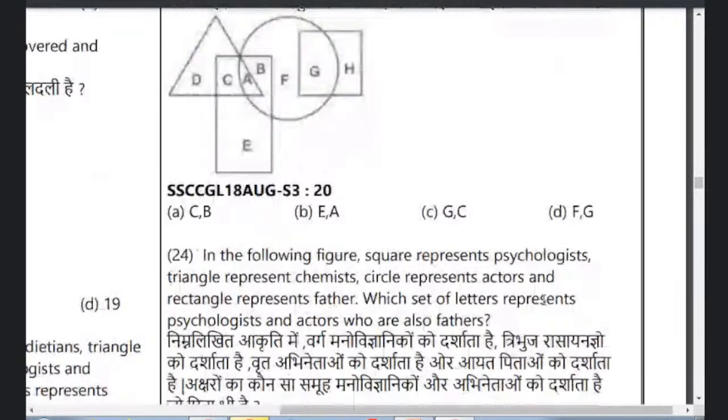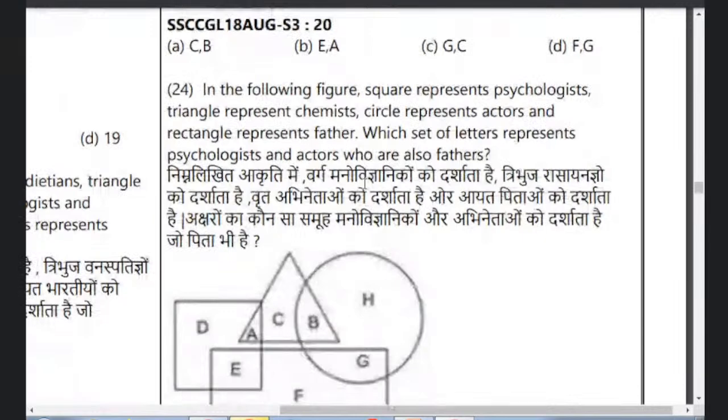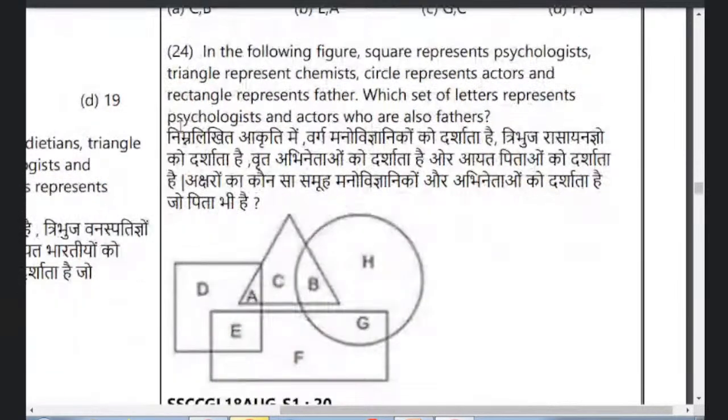Question number 24. First, which letters represent the physiologist and actor who are also the father?